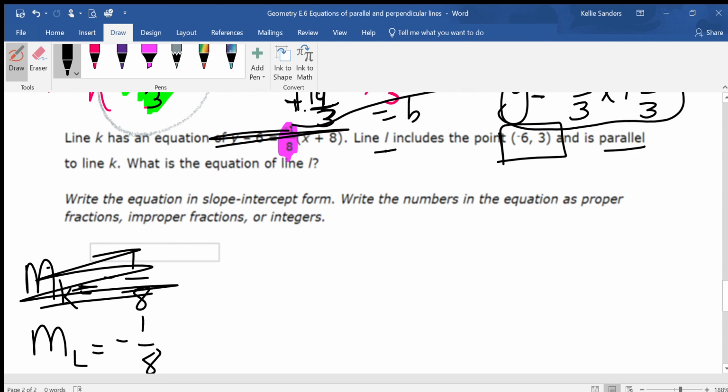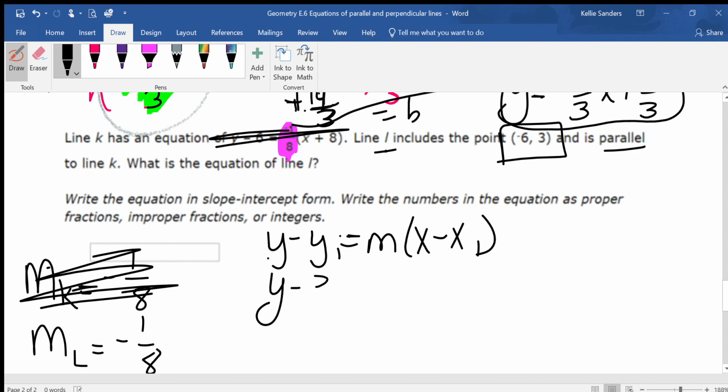Okay, so we're going to use point-slope form again. y minus y1 equals m times x minus x1. y minus 3 equals negative 1 over 8 times x, now watch, we always bring the minus sign down, but what is x? A negative 6.